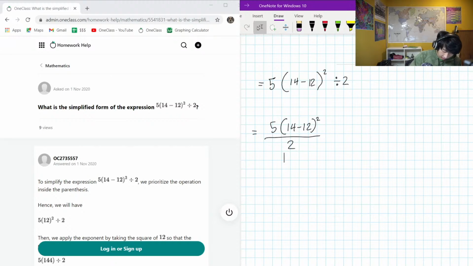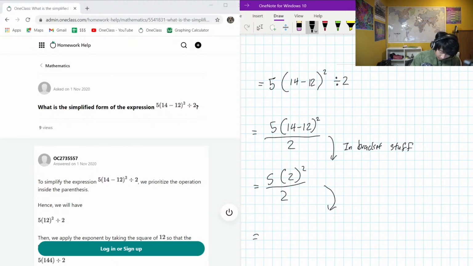So the first thing that we want to do is address the in-bracket stuff. We have 14 minus 12. That's just 2. And 2 squared over 2. That's nice.